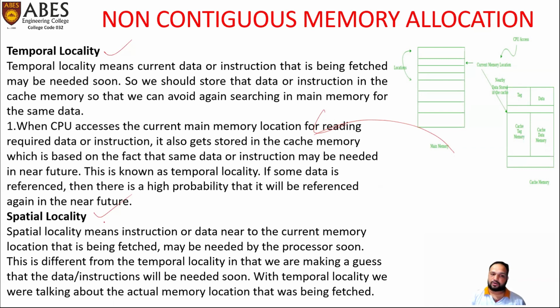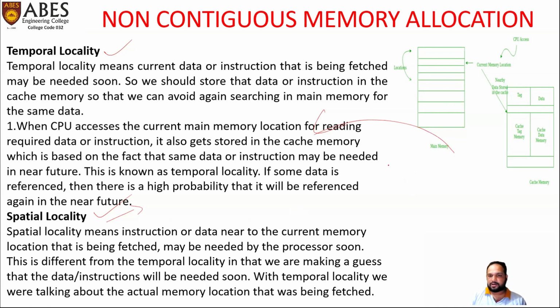And what is spatial locality? Spatial locality is somewhat different from temporal locality. In this, the particular instructions or data that are near to the current memory location are also used. Meaning what?